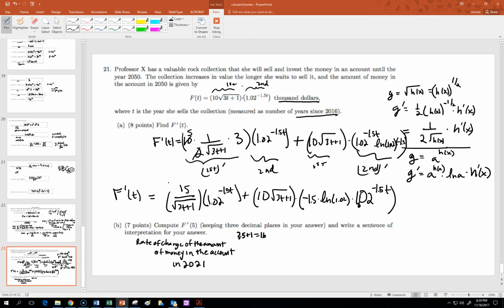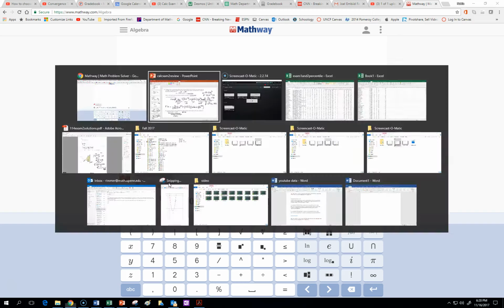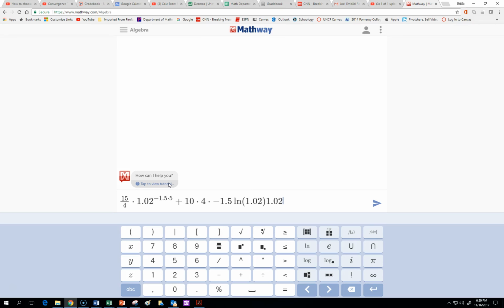And then times your negative 1.5, your ln of 1.02, and then times your 1.02, once again, raised to the negative 1.5 times 5.